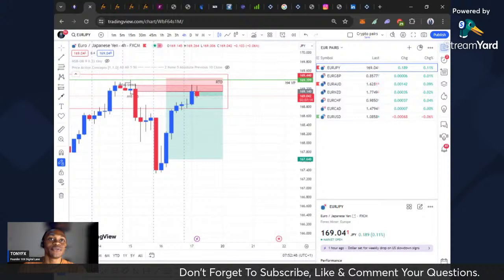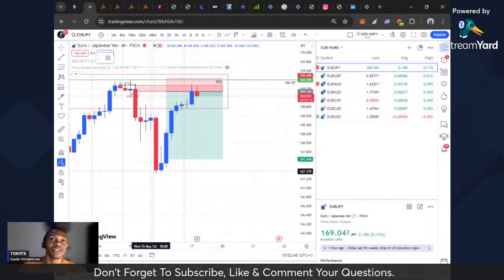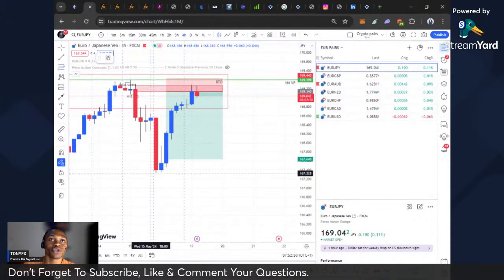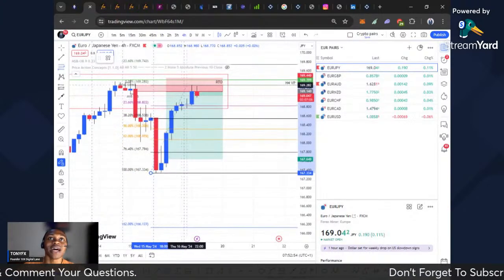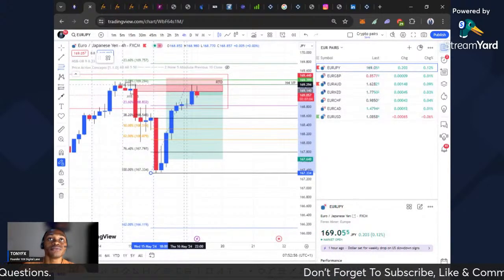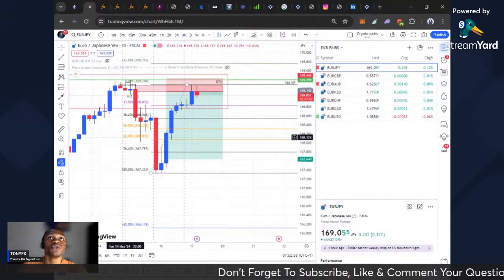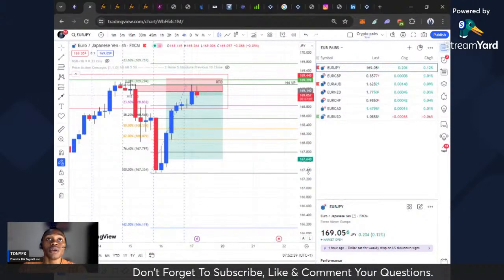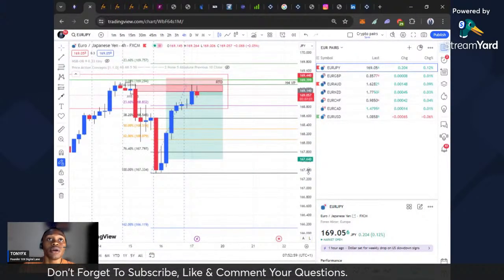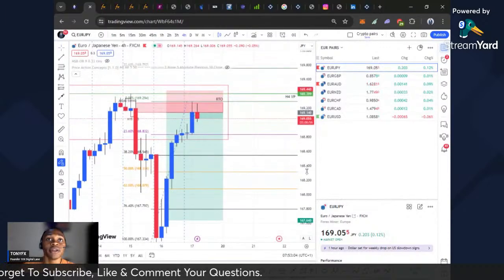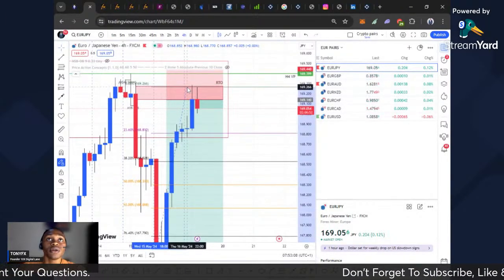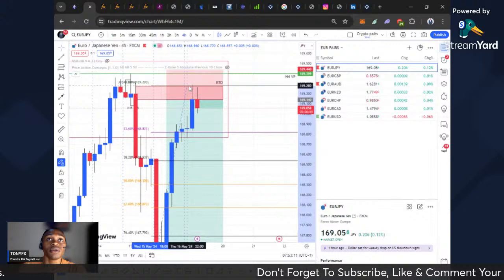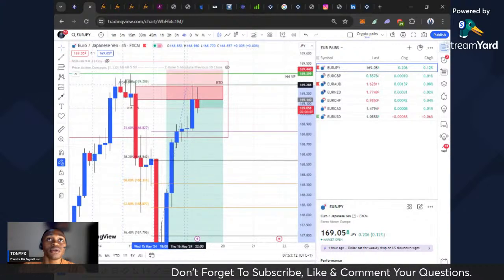So that's the corrective structure I want to trade. Let's say, for instance, I take this Fibonacci now, which has to do with the calculation of corrective structures. I take it from this low and I place it on this high. Good.